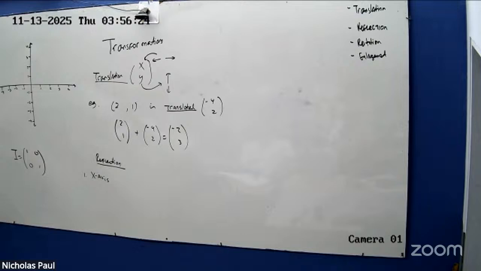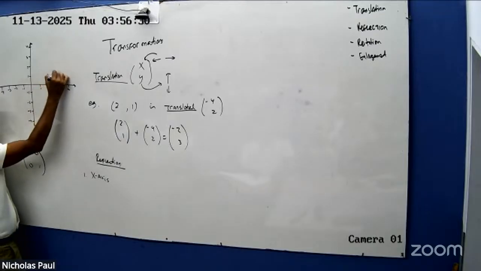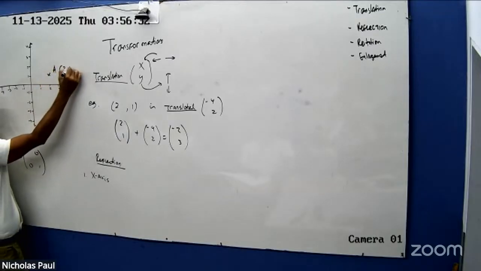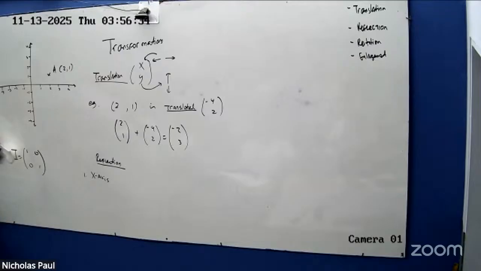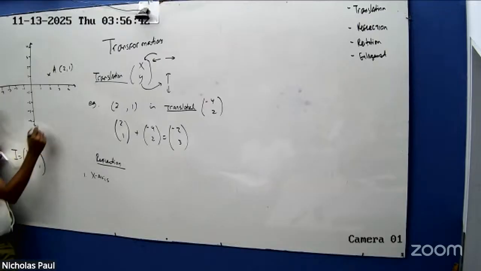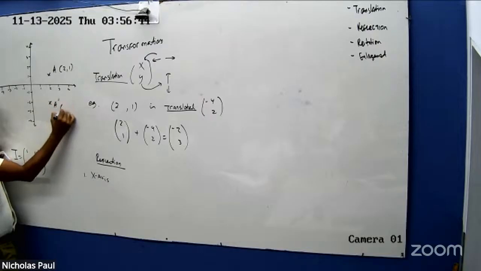All right. So anybody remember what happens if I take a point 2, 1? If I take the point A, which is 2, 1, and I reflect that in the x-axis, what changes? The y will be negative. So A prime is 2, -1.